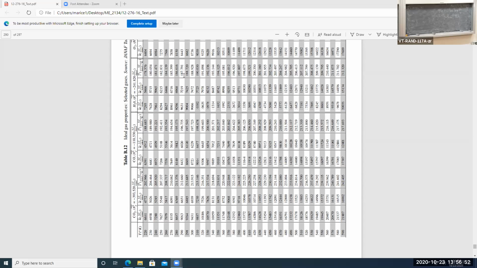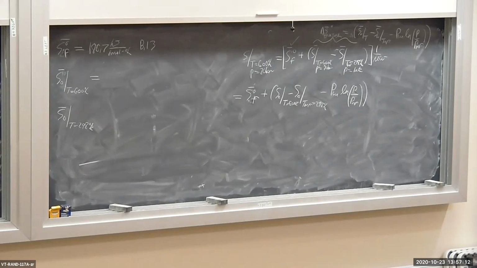So for those of you that are paying attention, you'll see that 298 S naught is actually equal to the entropy of formation. So this does include the chemistry. Some tables don't, these do. So go under the assumption they don't and proceed. Okay, so let me write the entropies of formation here.